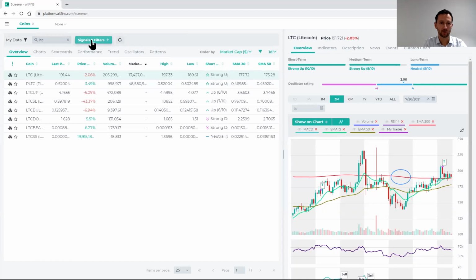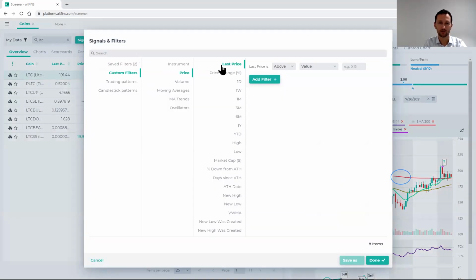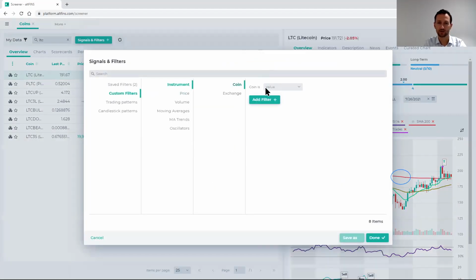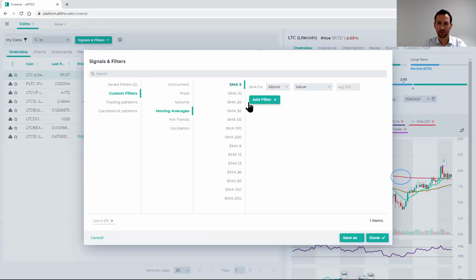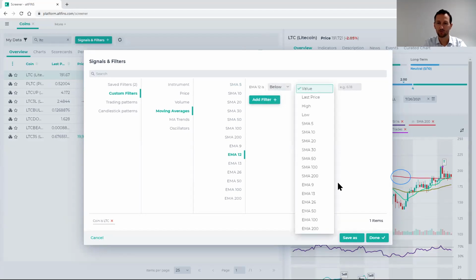To create an alert, we go to screener signal filters. First, we say, okay, it's Litecoin that we specifically want to be alerted about. Add that to the filter. Now, the other criteria was that the exponential moving average 12, the one that we use, is below EMA 50.